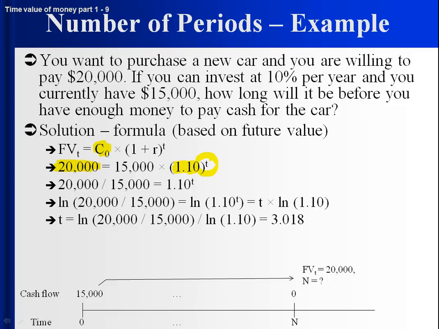So you take the natural log of both sides, and the natural log of 20,000 over 15,000. Remember, the natural log of something to a power, you can pull the power out and bring it before. So T is equal to this expression, which is essentially what the financial calculator did. So how many T's to get from 15 to 20?